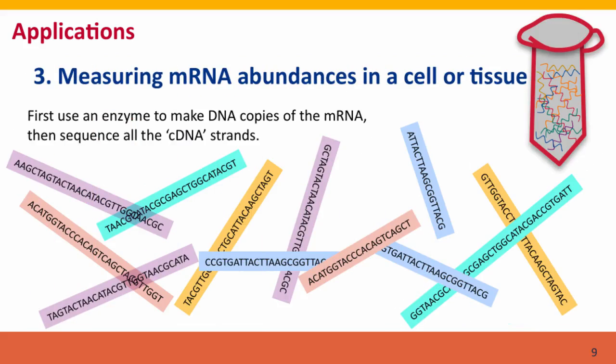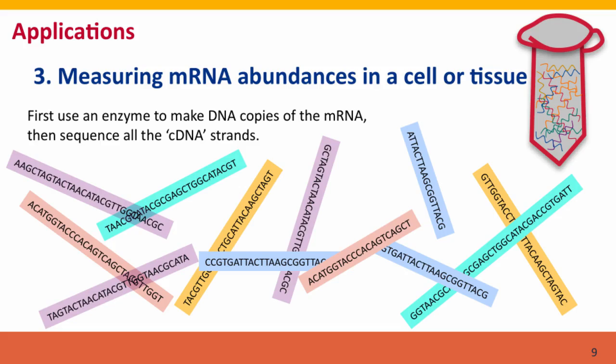The third application of DNA sequencing is measuring RNA abundances in a cellular tissue. We've known for many years that different genes are expressed at different levels, and there are different amounts of RNA for different genes in the cell, but we didn't have an easy way to measure this.